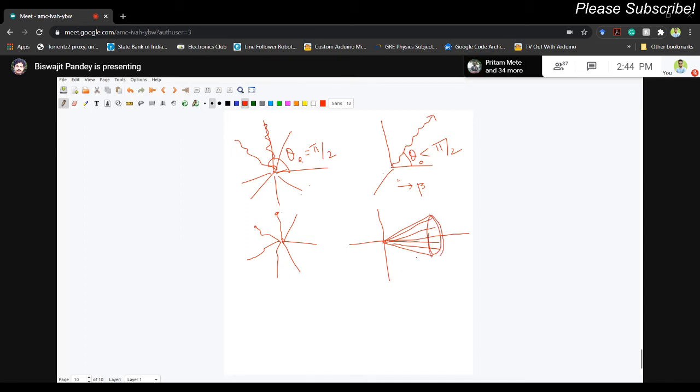And this phenomenon is of very much importance in astrophysics, because you may encounter in many astrophysical situations relativistic particles moving with relativistic speed. In those cases you can see relativistic jets which move towards a particular direction and appear like a beam.